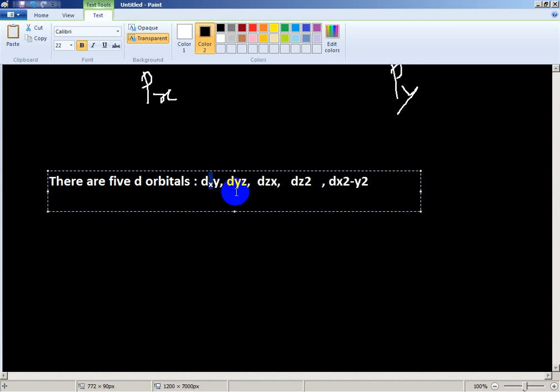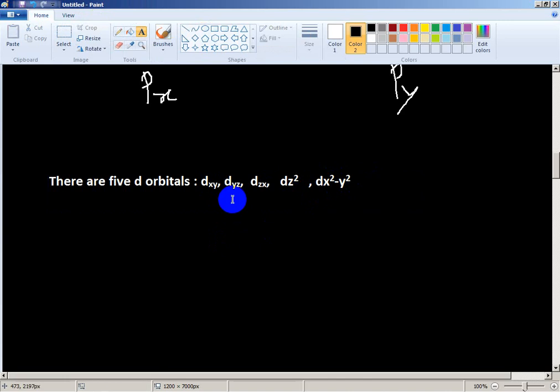Sorry, dxy, dyz, dzx, dz square, dx square minus y square. Okay, now I am drawing this dxy.